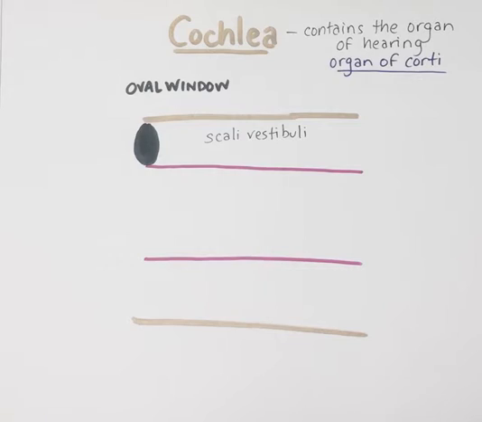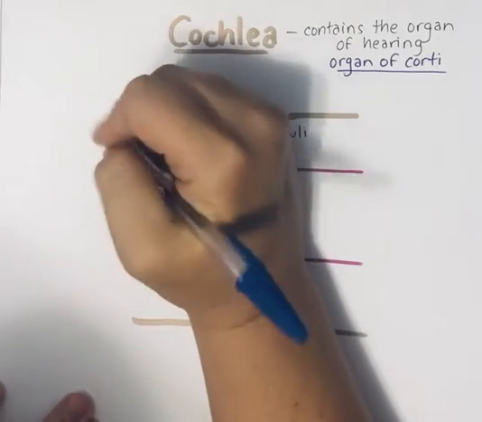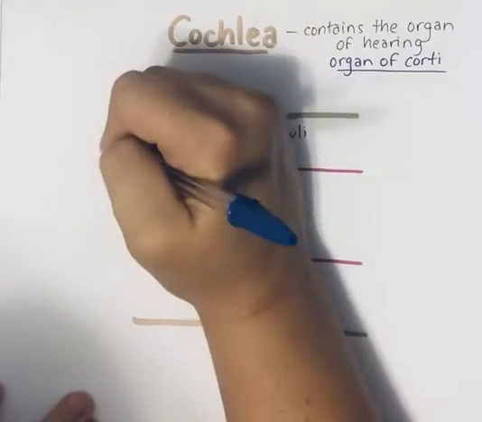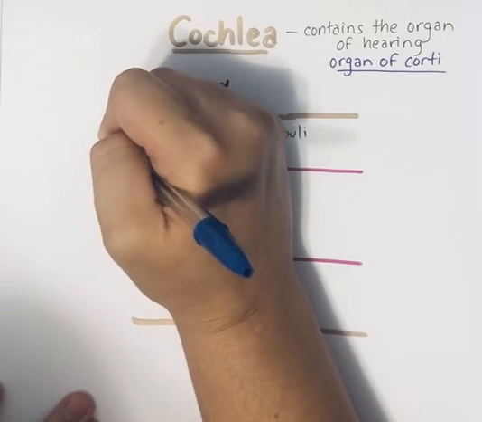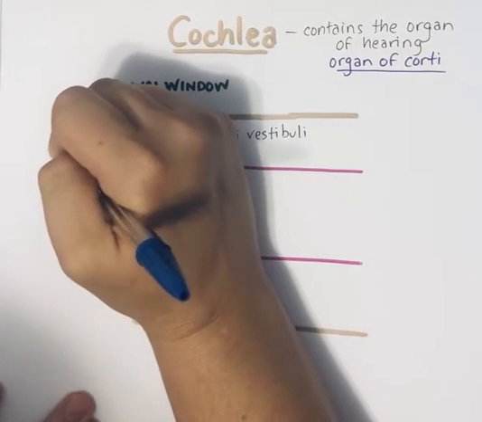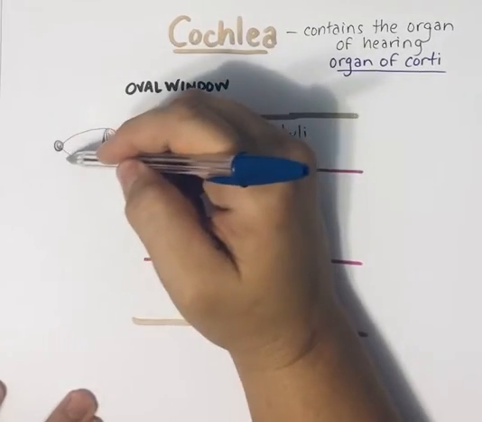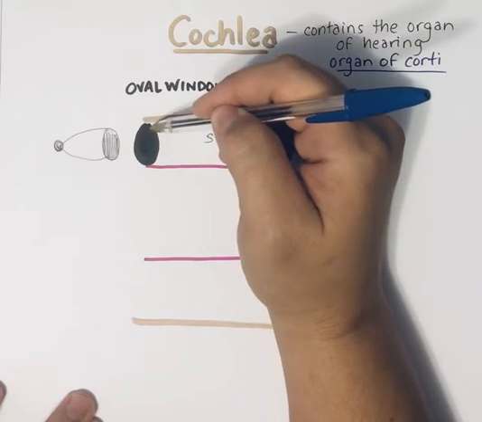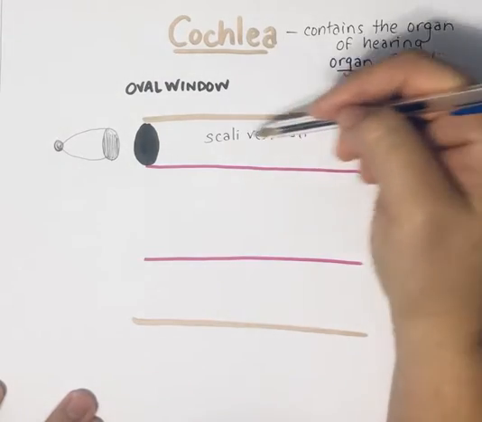So your stapes, which is an auditory ossicle in the middle ear, has a foot plate that also looks like an oval. This literally is the piece of the stapes, so it looks like a stirrup. And vibrations are going to basically make the stapes push onto the oval window of the superior chamber called the scala vestibule.